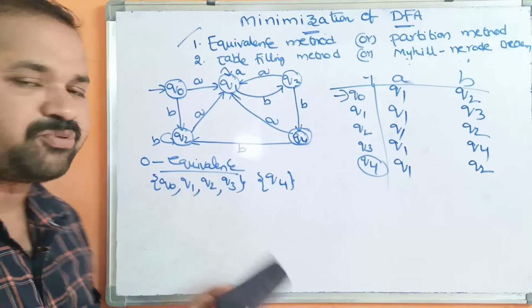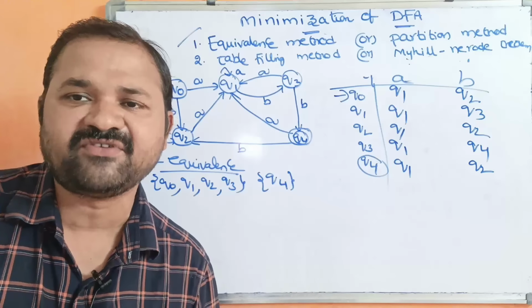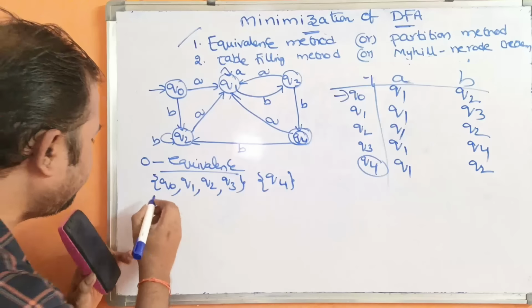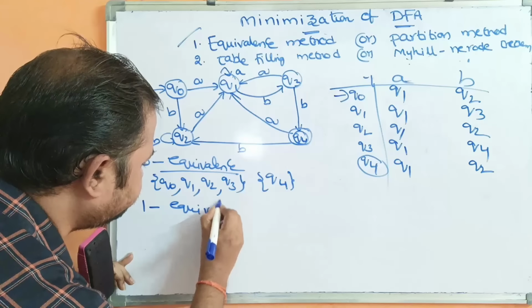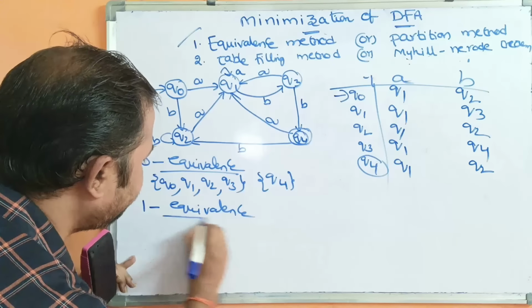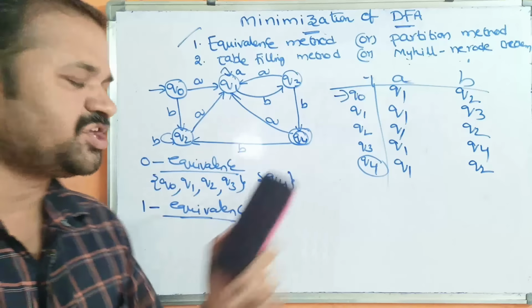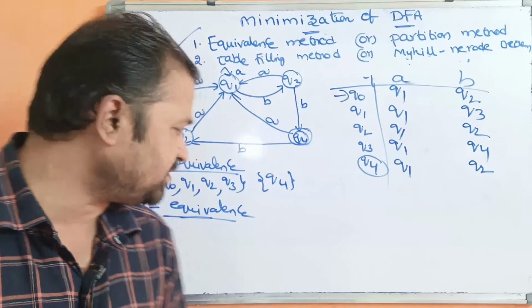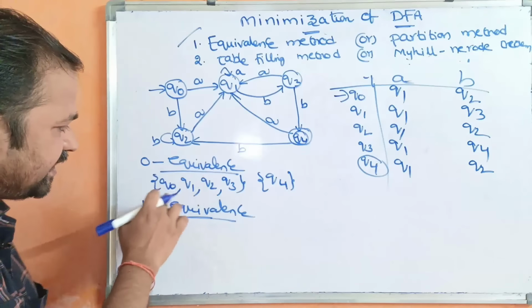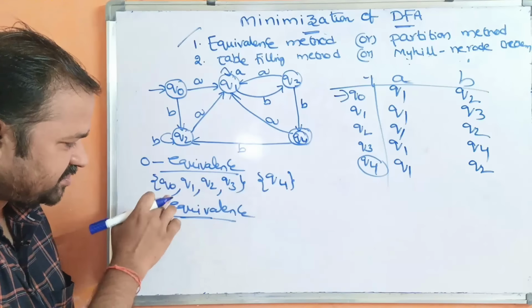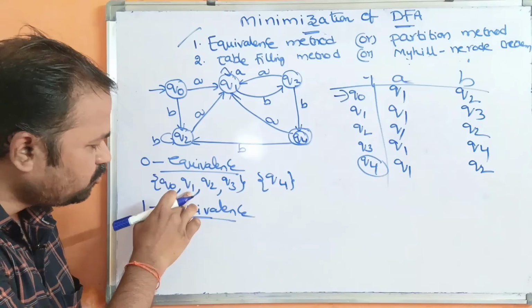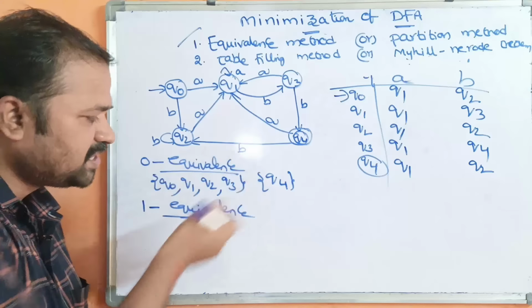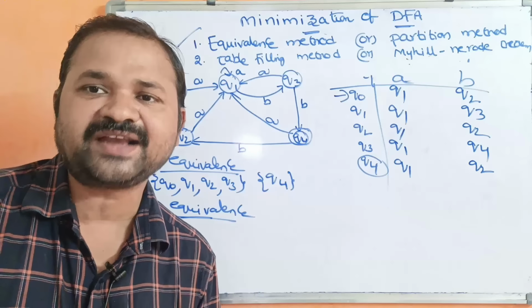Now we have to calculate one equivalence based on the zero equivalence. Here the set contains 4 states, so we have to compare Q0 with Q1, Q0 with Q2, Q0 with Q3, to check whether they are equal or not.